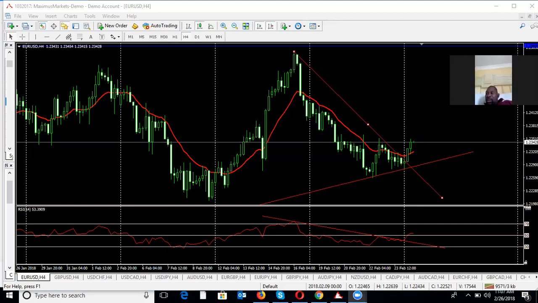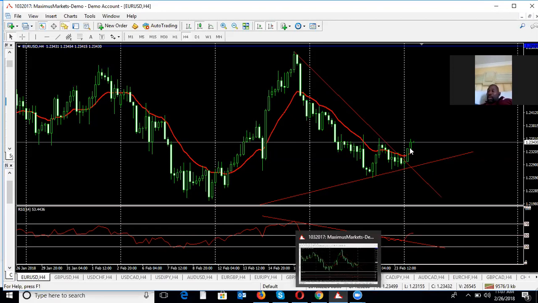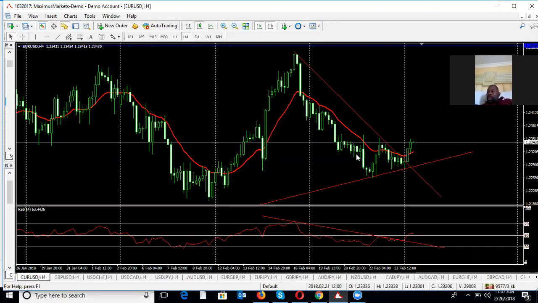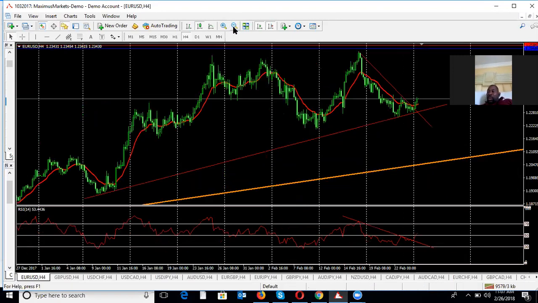So this morning I said we're going to talk about support and resistance. That's what we want to talk about this morning. What do we call support? What do we call resistance? For the newbie, this is where the price is now.